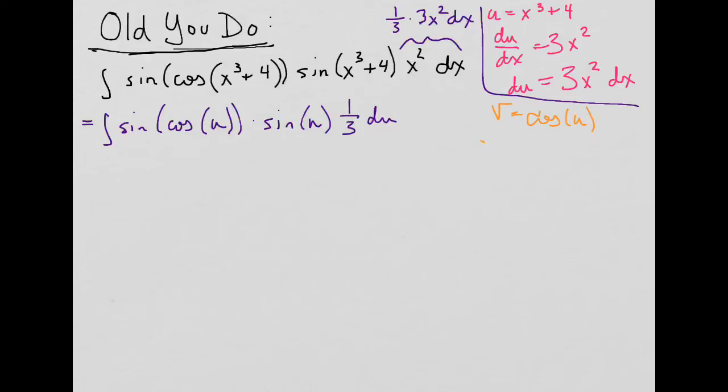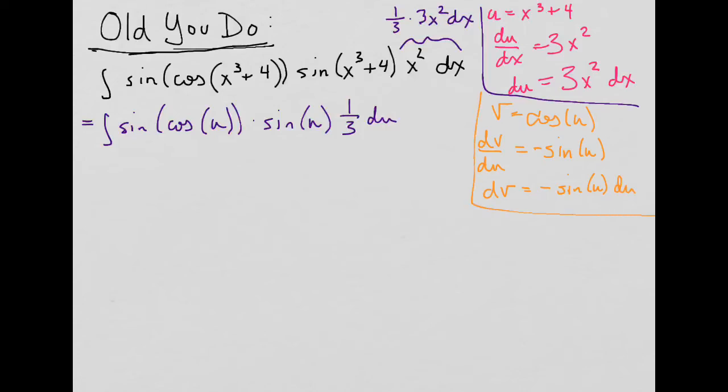And then when you take the derivative, dv du is going to be equal to the derivative of cosine, which is negative sine of u, which means that dv is equal to negative sine of u du.